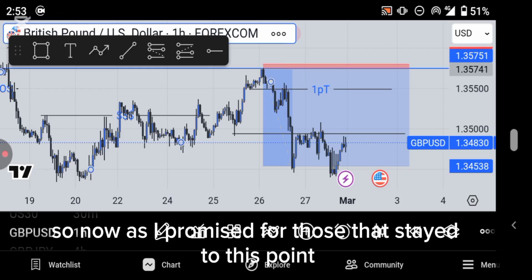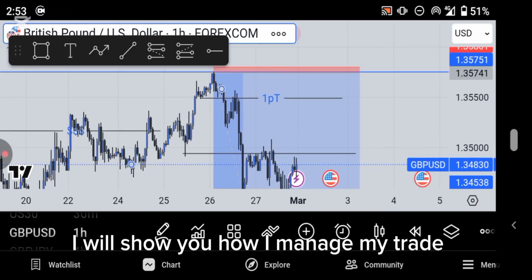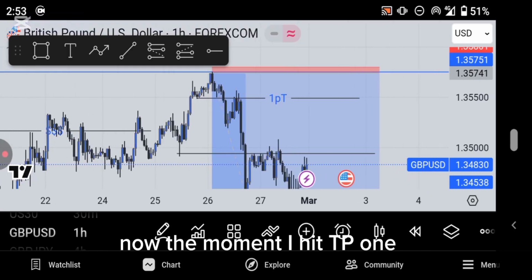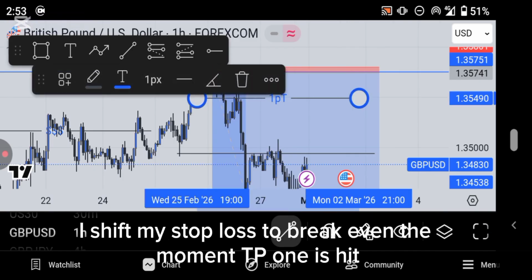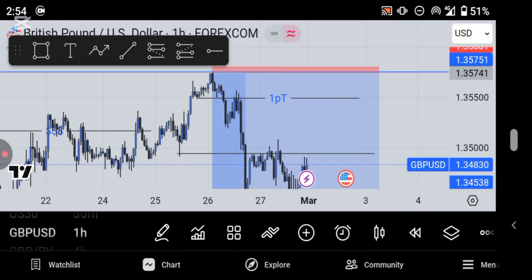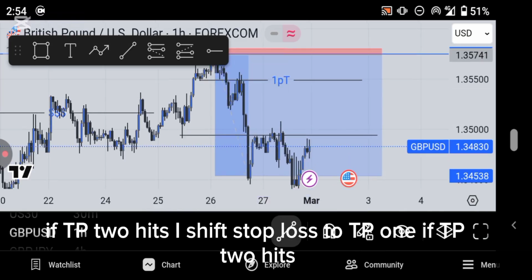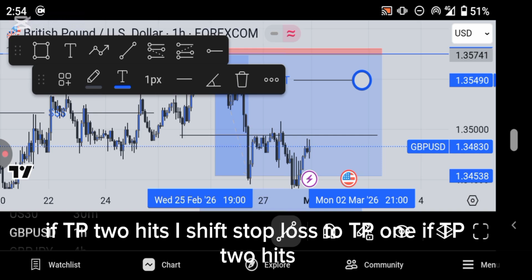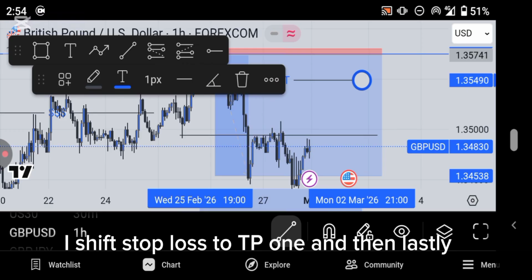So now, as I promised, for those that stayed to this point, I will show you how I manage my trade. The moment I hit TP1, I shift my stop loss to break even. If TP2 hits, I shift stop loss to TP1.